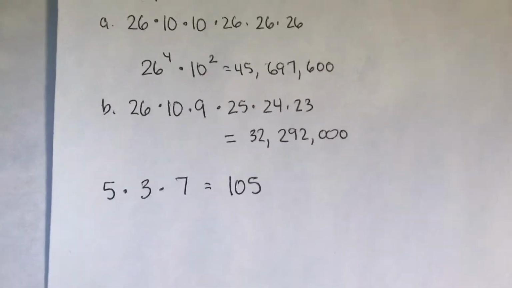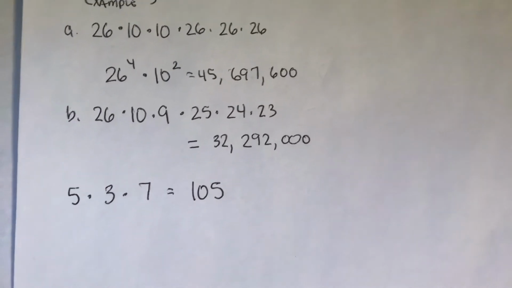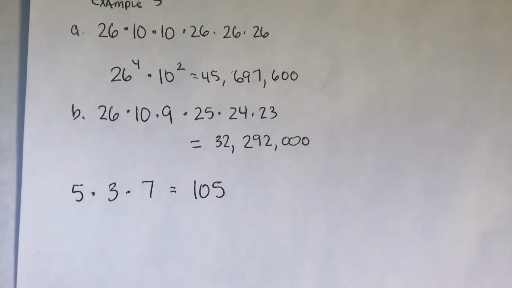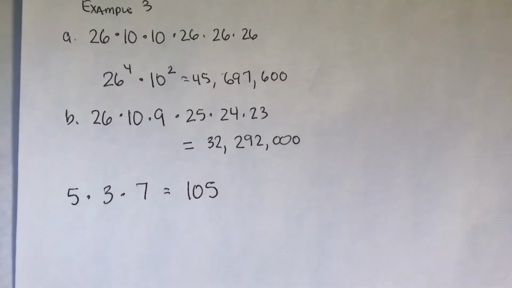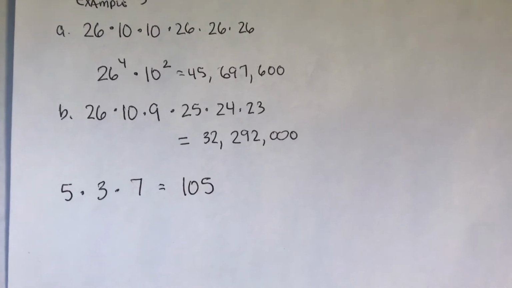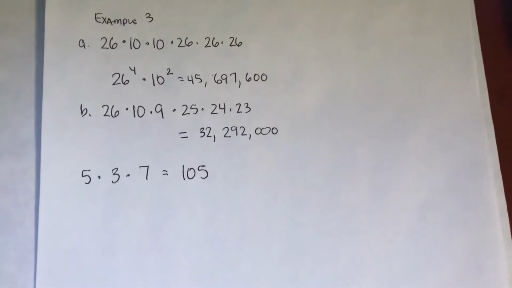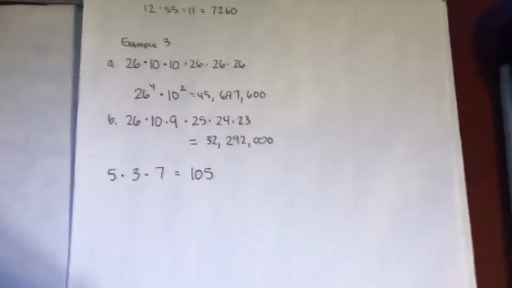So that is the fundamental counting principle, where you take the number of ways that you can do something and multiply those different ways together to find the total number of ways. Now, the next idea is that of something called a permutation.